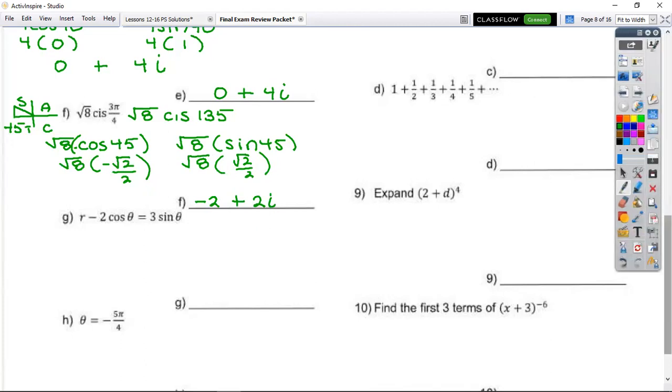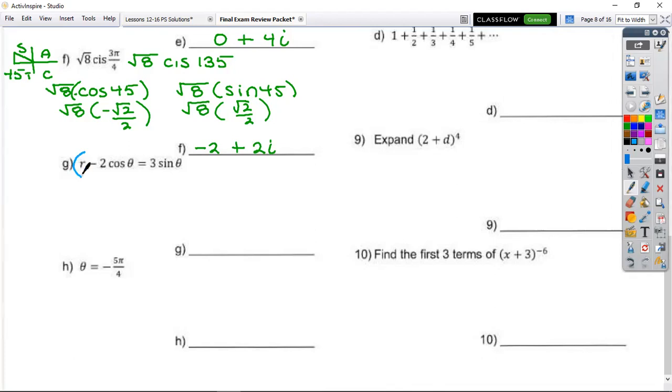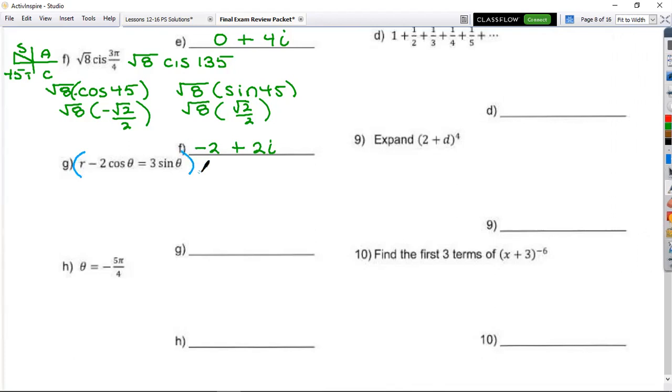All right, so last two. You've got an equation on this one instead. So these two are different. So what we want to do is change this back to rectangular. So I see the 2 cos theta, I see the 3 sine theta. What you want to do with a case like this is multiply everything by R so that you can do a substitution.